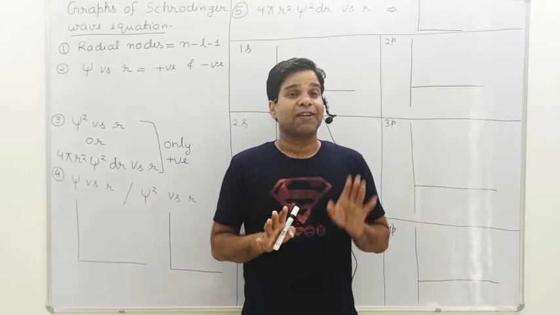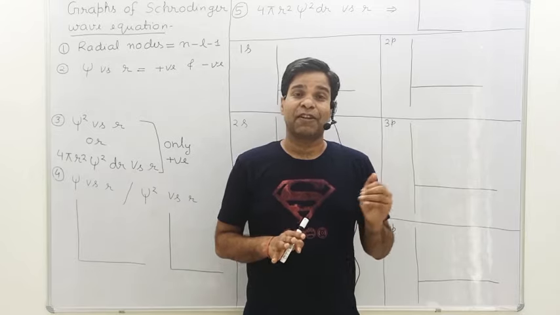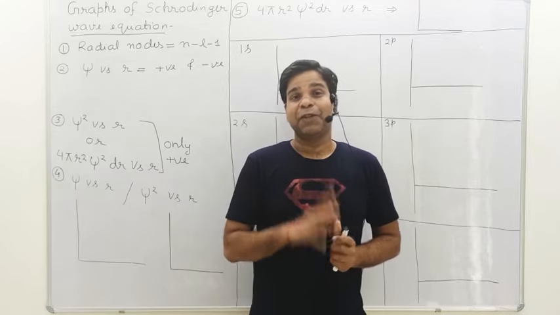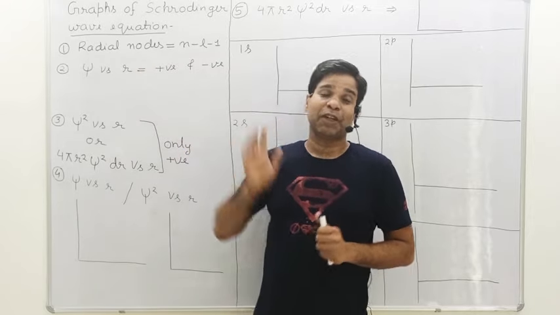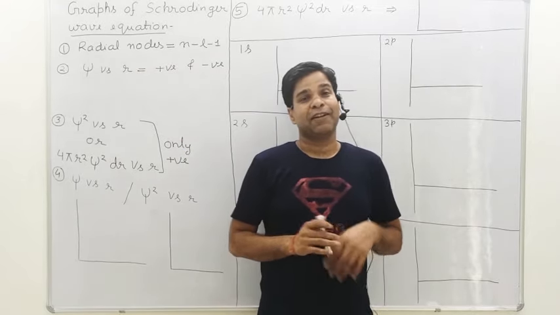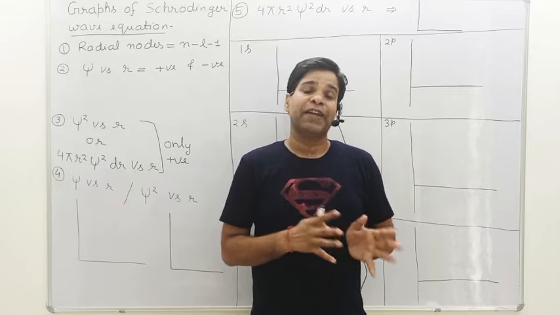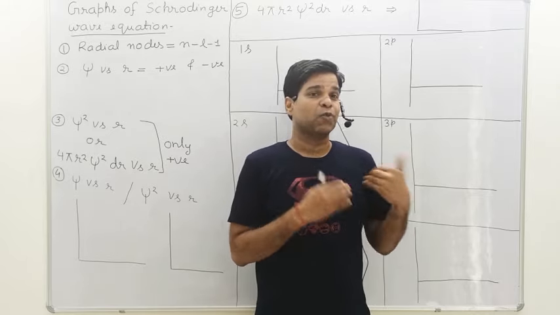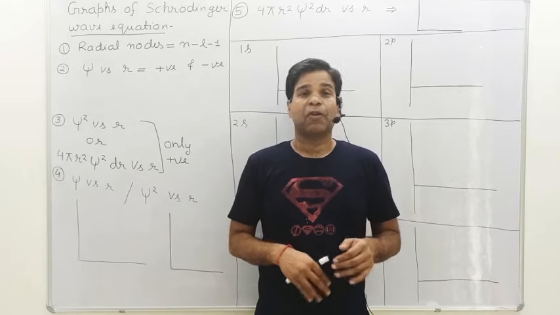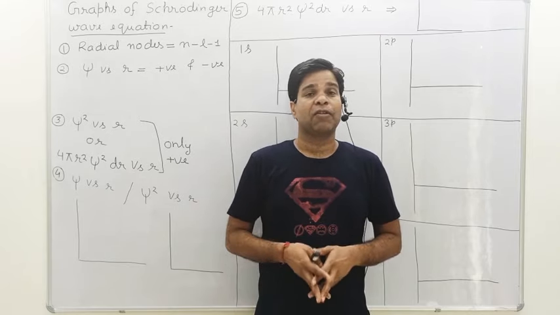So beta, to draw the different graphs of the Schrodinger wave equation, you need to remember only 5 points. First point is the calculation of the radial node. How can we calculate the radial node? Radial nodes equal n minus l minus 1, where n is the principal quantum number and l is the azimuthal quantum number.